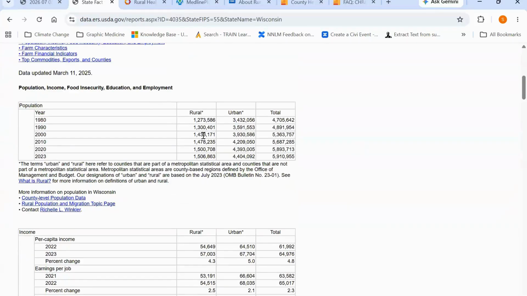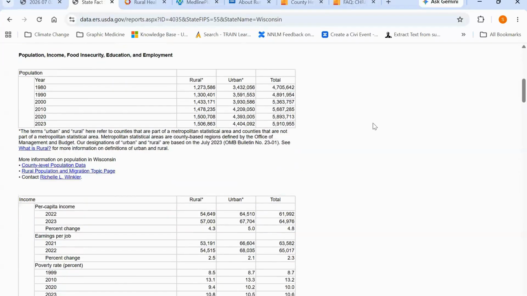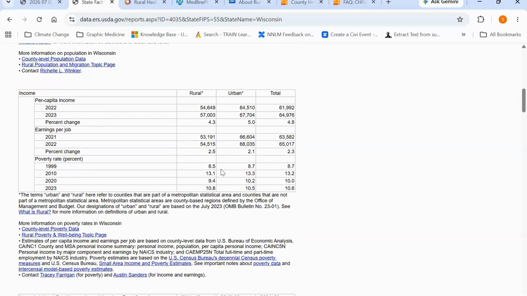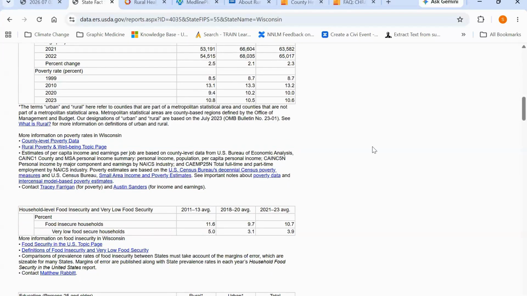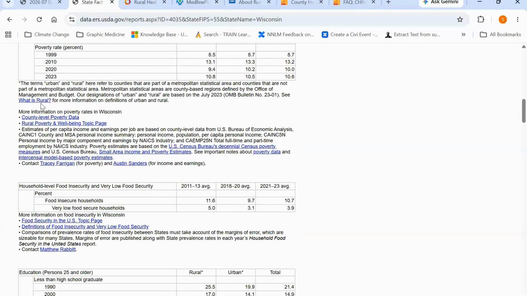It's got your population overview, rural, urban total for various years, income, and then also you can see, they have a link to what is rural. They are using the Office of Budget and Management definition for all of these statistics.